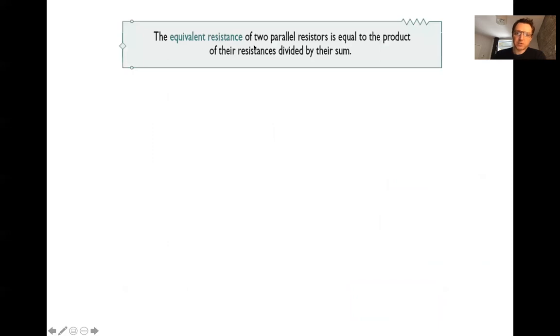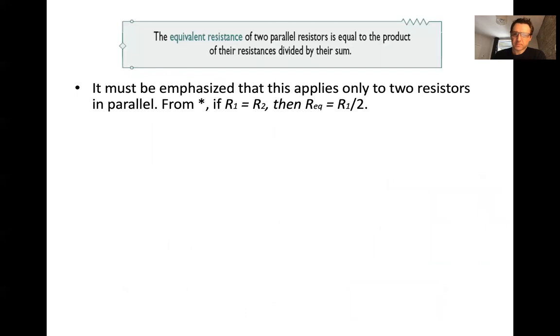Okay, so the equivalent resistance of two parallel resistors is equal to the product of the resistances divided by the sum. So for example, let's say that you have two equal resistances, right? Let's say 10 and 10. So the product is 100 and their sum is 20.